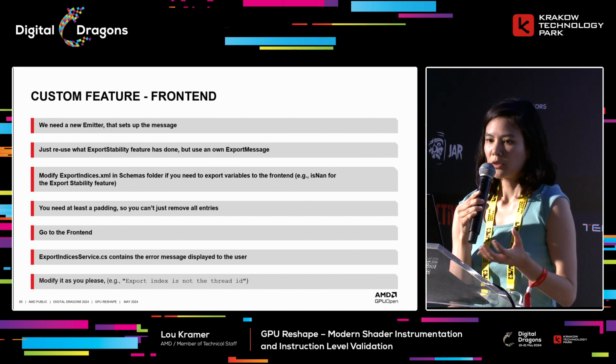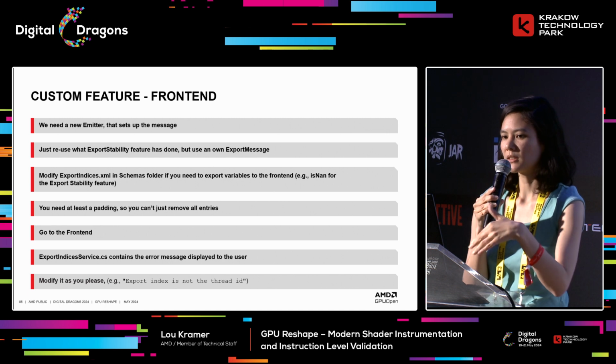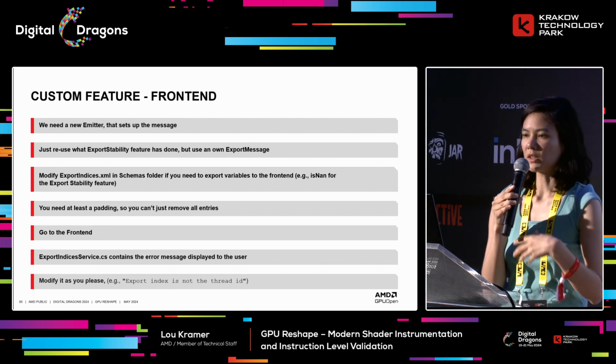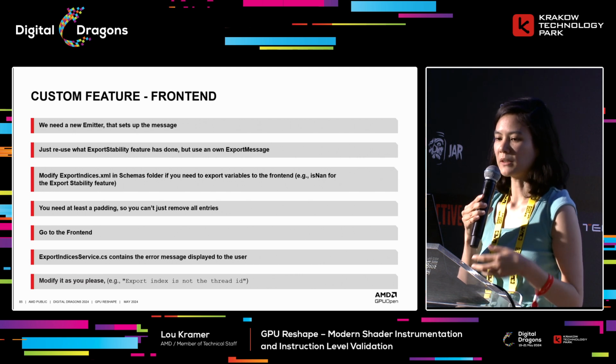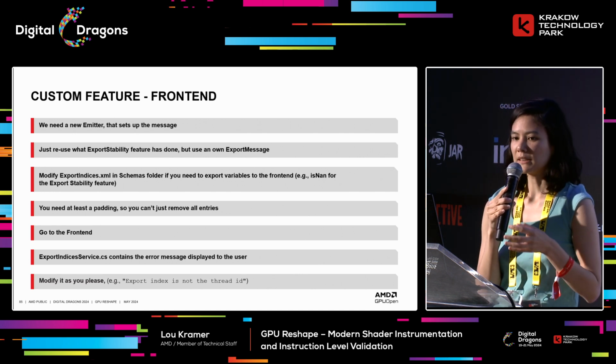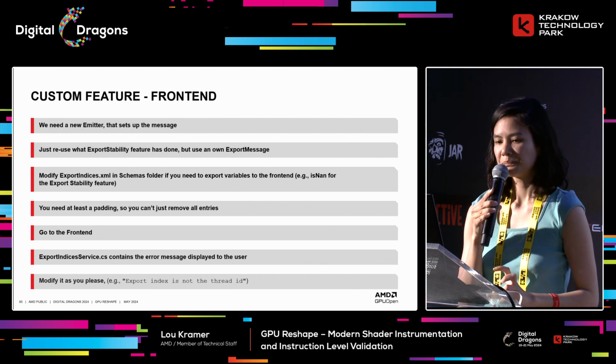We can modify it, of course. In this XML file, you can add variables sent to the front end. The export stability has a variable to detect if it was a NaN or an infinity error. We can add our own ones. Important is that you need at least a padding, so you cannot just remove all the variables here.